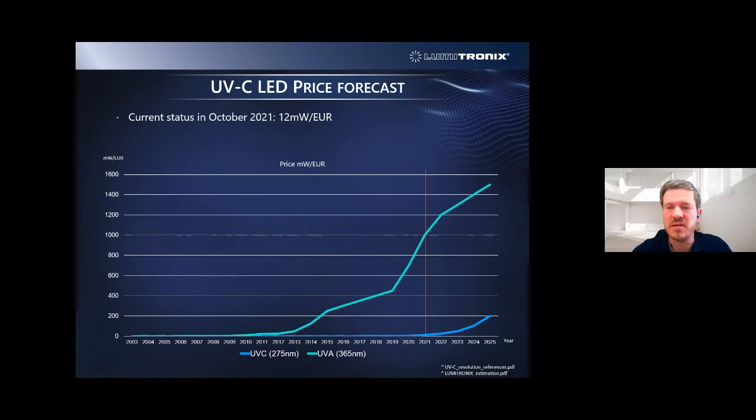But the price you had to pay decreased a lot. So today we can get approximately 1,000 milliwatts at €1, and with UVC technology you only get 12 milliwatts at €1. But we see that the price decrease might follow a similar pathway also for UVC technology in the future.